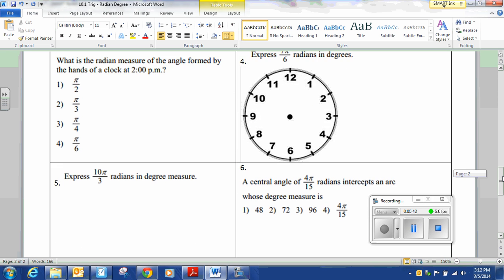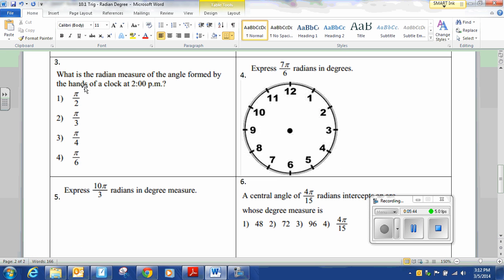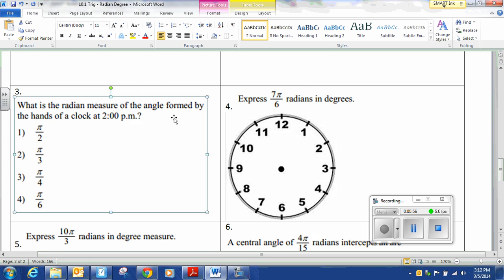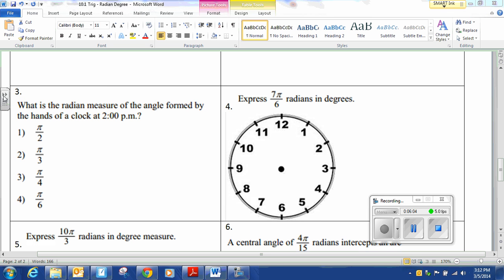Now I want to just spend a little time looking at number 3 because it's a frequently asked question. What is the radian measure of the angle formed by the hands of the clock at 2 p.m.? Well, you need to realize that 2 p.m. looks like this.